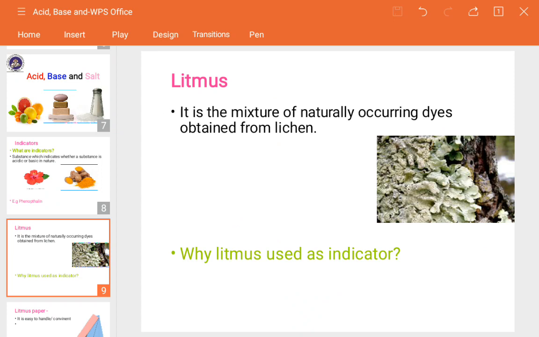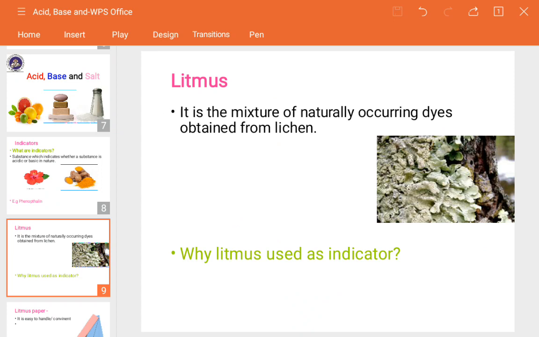Together they are called a lichen. You can see in the image the greenish portion which you might have seen in the rainy season on the bark of trees. It is a mixture of naturally occurring dyes, mostly used for the preparation of litmus.